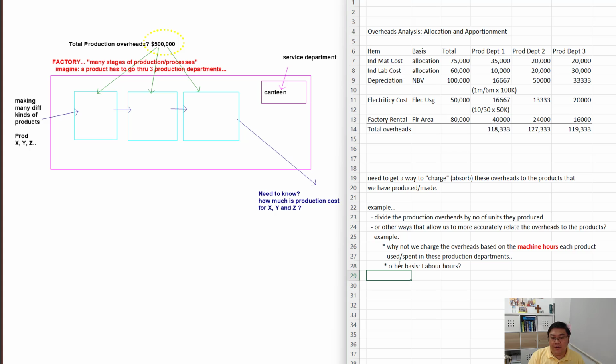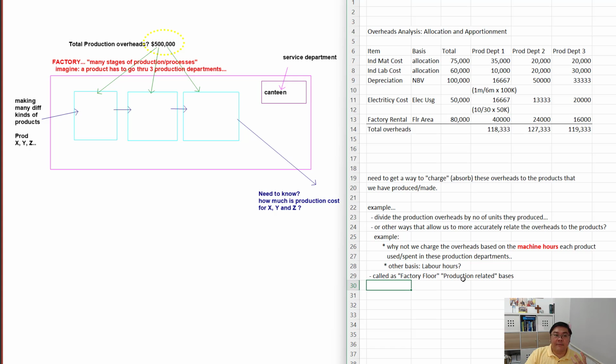All of these we call factory floor or production related bases, because the general idea is the more you produce, the more machine hours you're going to have, the more labor hours you're going to have, the more production units you're going to have. So that's why it's called factory floor or production related.